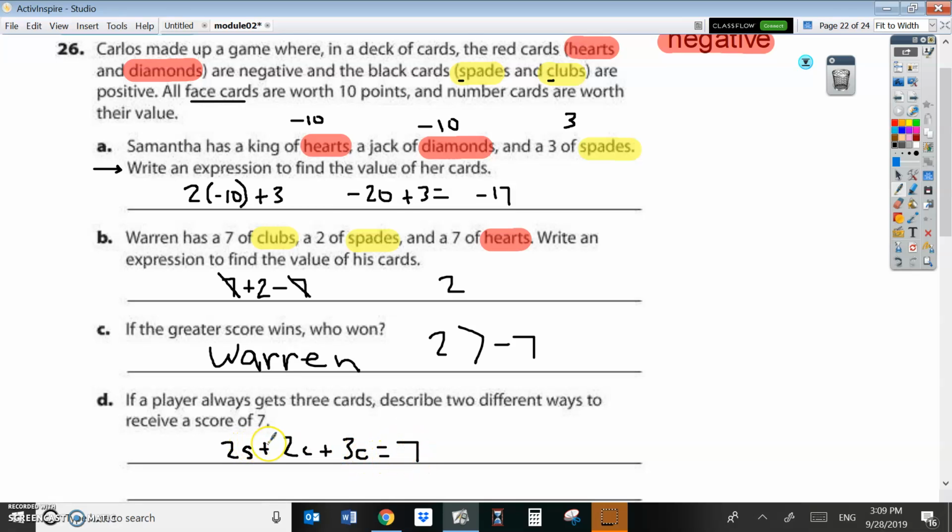Or we could do 10 of hearts, and that's negative. And we could do a 10 of hearts, and then a 10 of spades, plus a 7 of clubs, and that would equal 7, because these 10s will cancel, and you're left with 7.